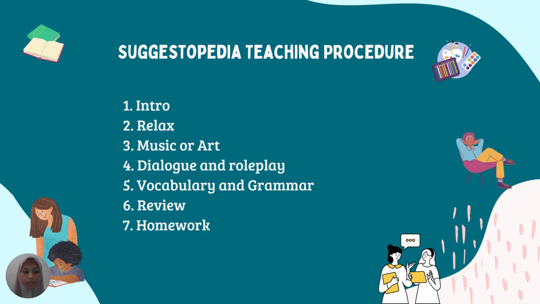And then the fourth is dialogue and role play. The teacher engages the students in dialogue and role play activities which are designed to help students practice speaking and listening in English. The role play activities may involve scenarios related to the lesson topic, such as booking a hotel or ordering food in a restaurant, and so on.